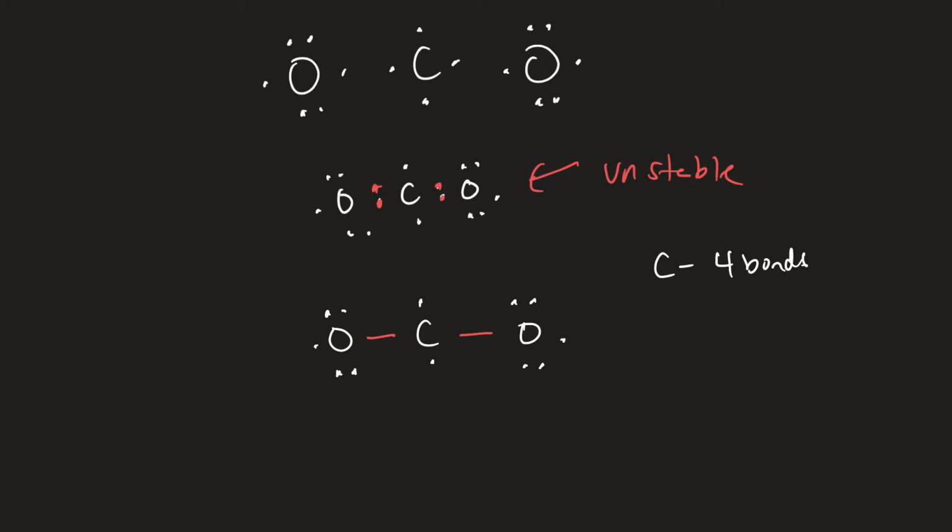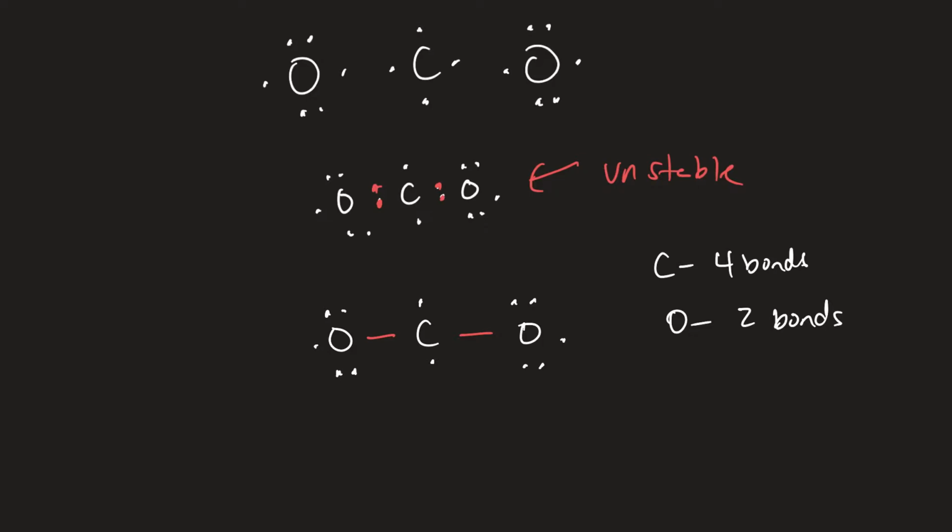It has 4 valence electrons, so it needs 4 bonds. In this picture we only have 2, so that doesn't work. We also know that because oxygen has 6 valence electrons, each oxygen needs to have 2 bonds. Here, each oxygen only has 1 bond, so something is wrong. This is an unstable structure.